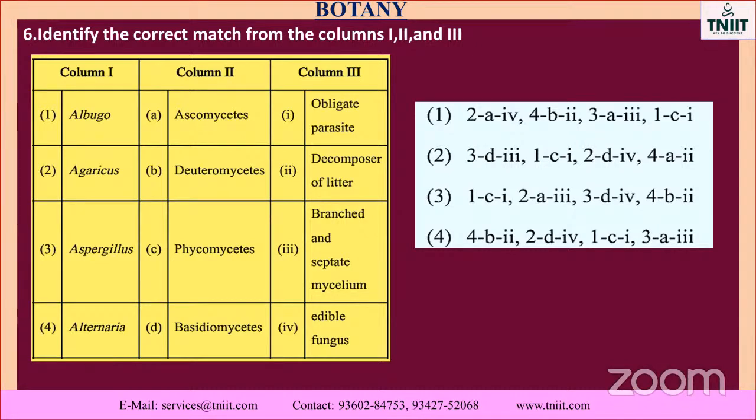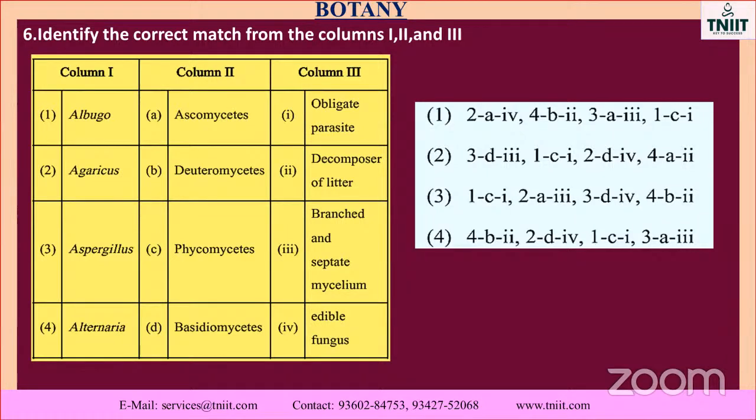Okay. What are the examples? Okay, see that second one. Second one, D and 4. Second one, Agaricus, Basidiomycetes, edible fungus. First one, Albugo, Phycomycetes, an obligate parasite. It's an endoparasite.